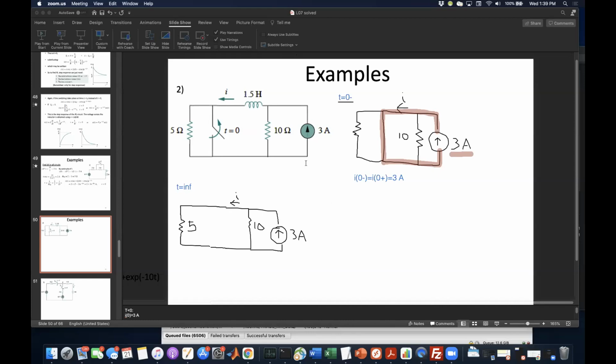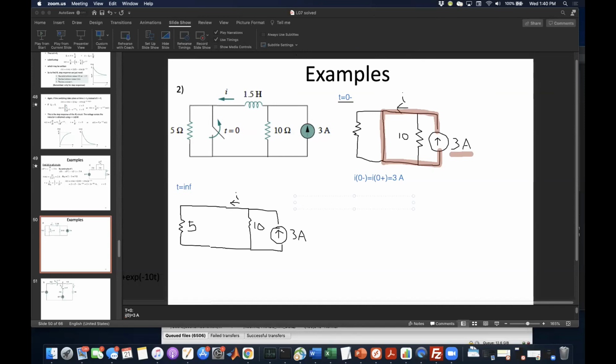I'll give you a hint. Actually, I don't even need to give you a hint. The answers are coming. You guys say 2 amps, and that sounds correct. Both of you are correct. It is absolutely going to be 2 amps because of current division.